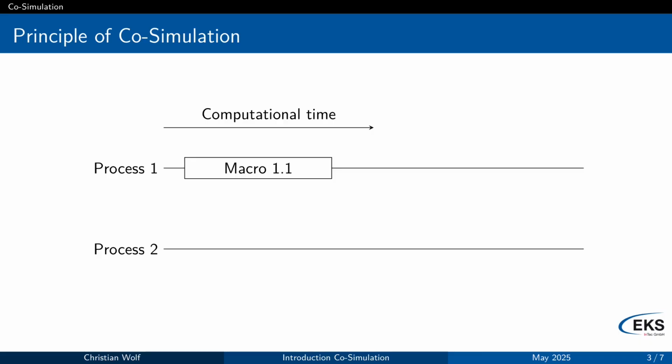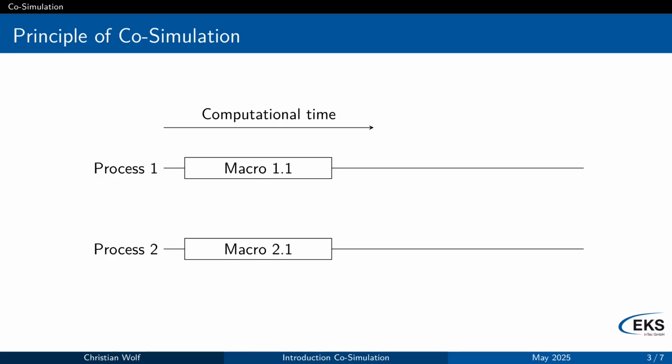Parallel, so you need multiple cores to do this efficiently. There is another macro step involved. The 2.1 is on the second process, ideally on the second processor, on the second core, or could be on a different machine even. But what you get is that those two macro steps are running in parallel.